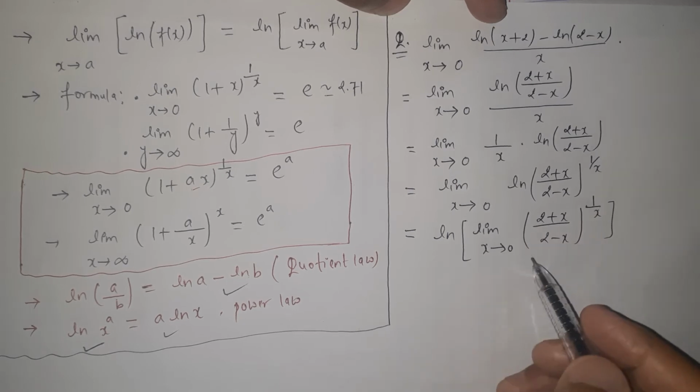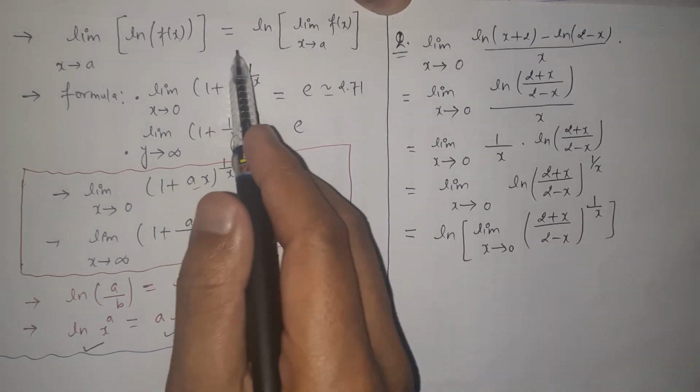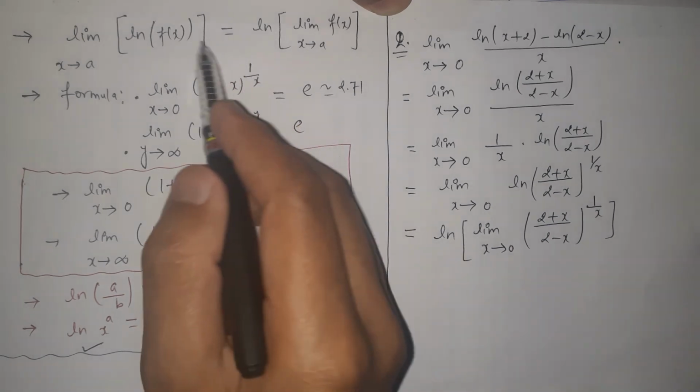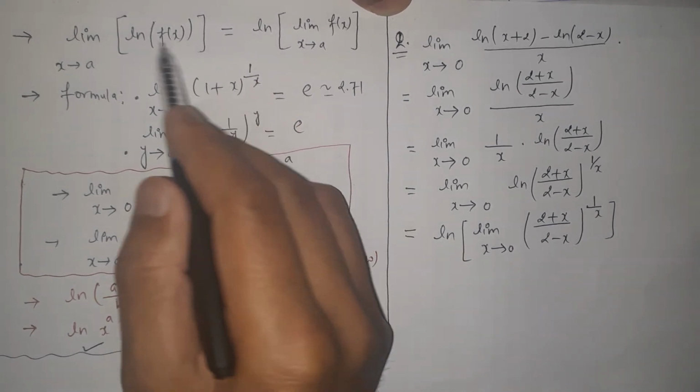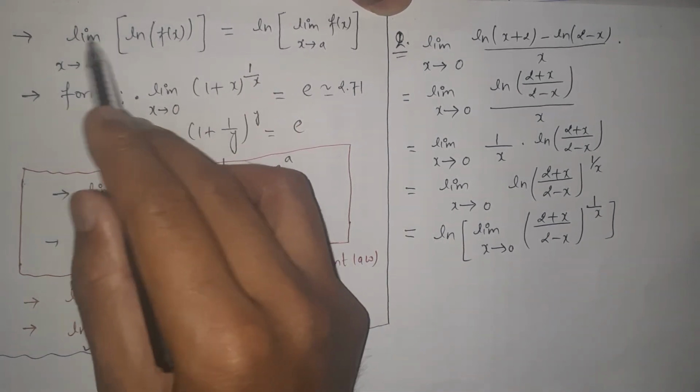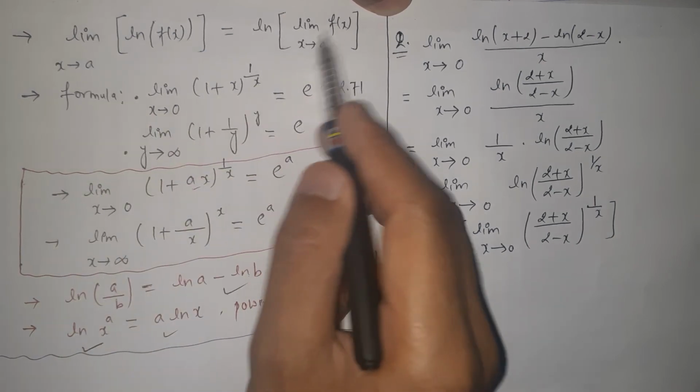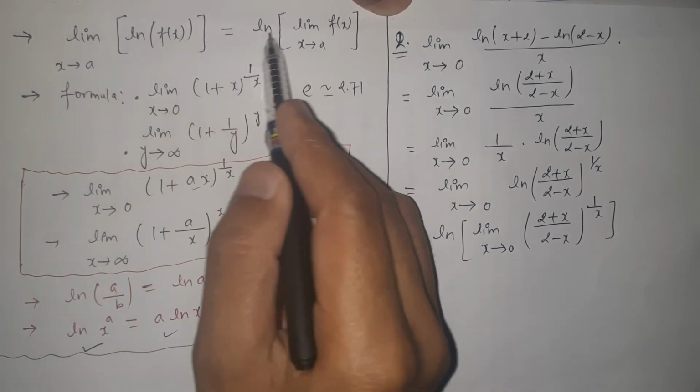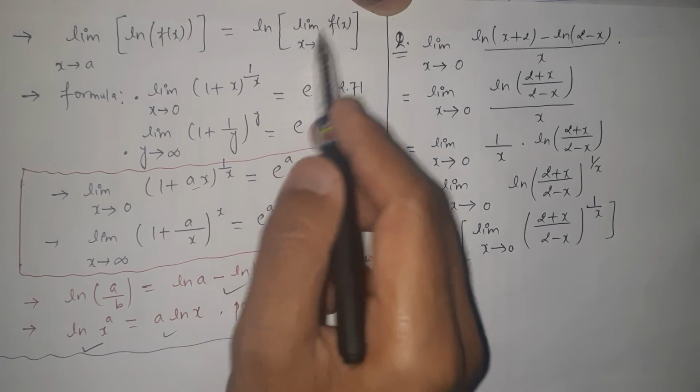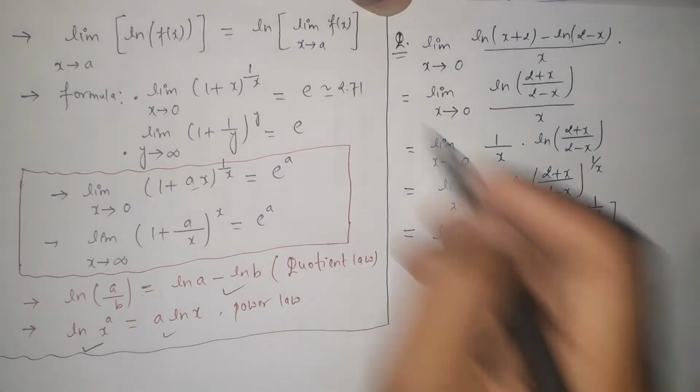Here we use the first property for the limit calculations of logarithm functions. In the case of a logarithm function, we can bring the limit inside: the log of the limit of that function.